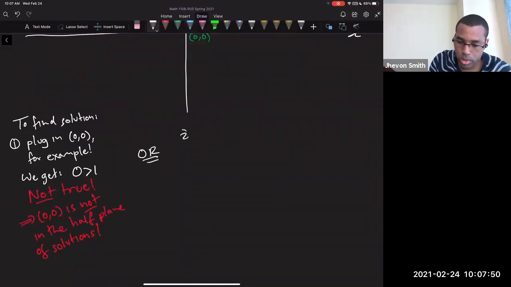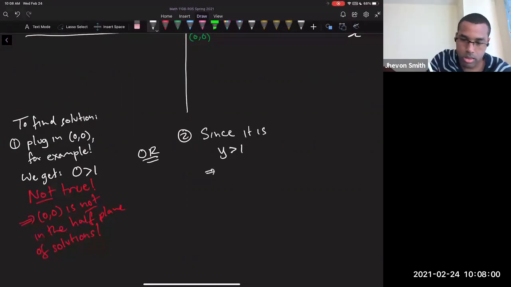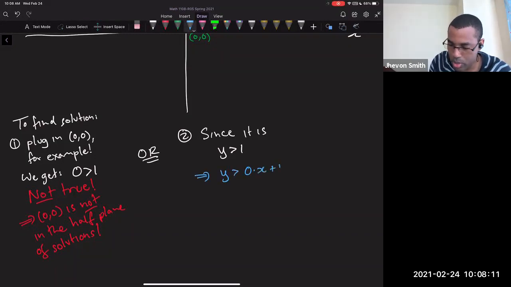Or two, since it is y greater than 1, this means y is greater than 0 times x plus 1. So this has the form y is greater than dx plus e.